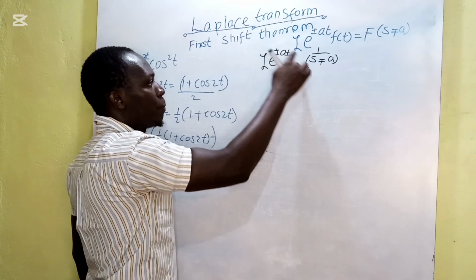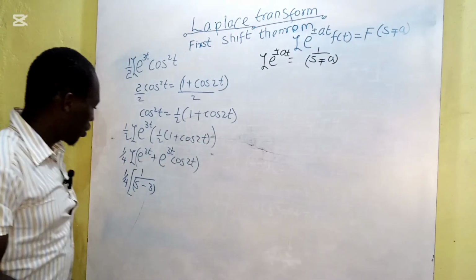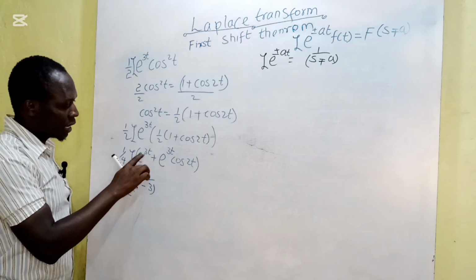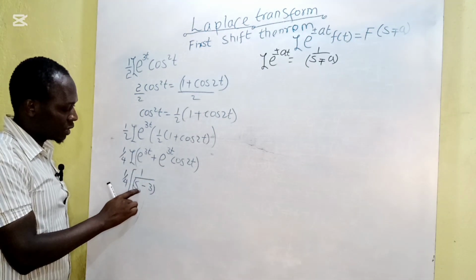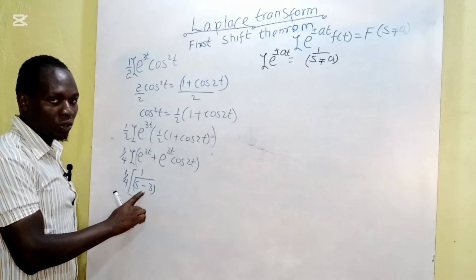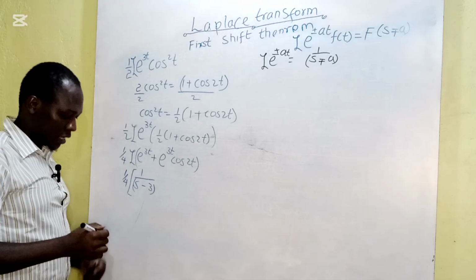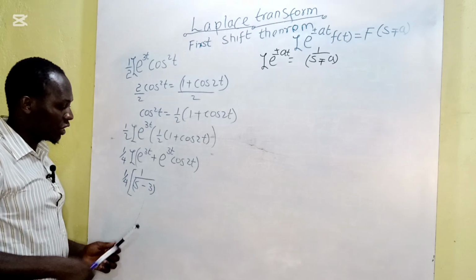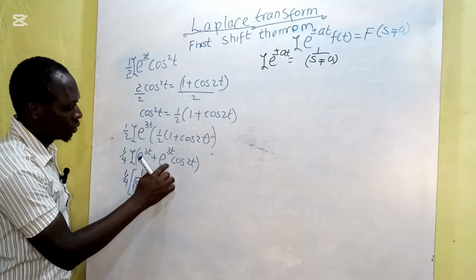And when we are having a positive here, here we are going to take a negative. So when it comes to this one, here we are having a positive of 3t. To mean that s is going to be on the denominator, we must get to be a negative. Here there is no shifting. We come and add 2.